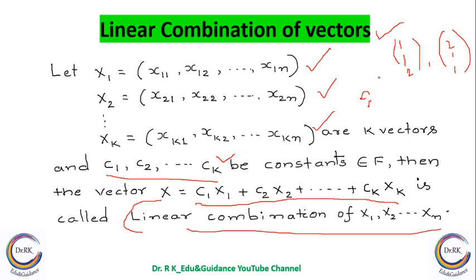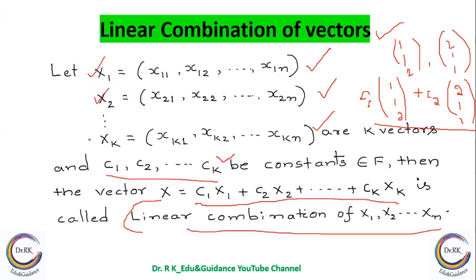Two vectors are there, one constant c1 times 1 1 2, plus c2 into the second vector. So this is called a linear combination, a combination of all these vectors which are linear in nature. That's why this is called a linear combination. So this is a general definition.